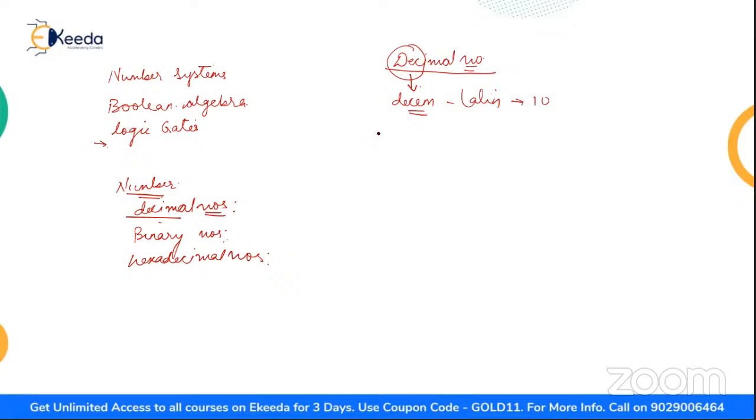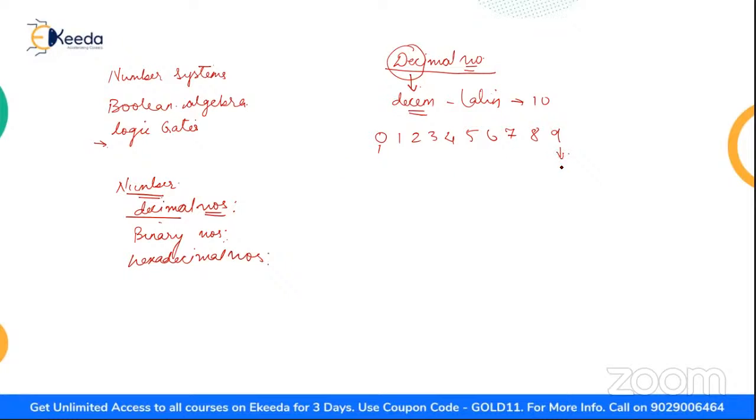So if you count the numbers from 0: 0, 1, 2, 3, 4, 5, 6, 7, 8, 9. So these are all 10 numbers. These numbers will have their place value also.